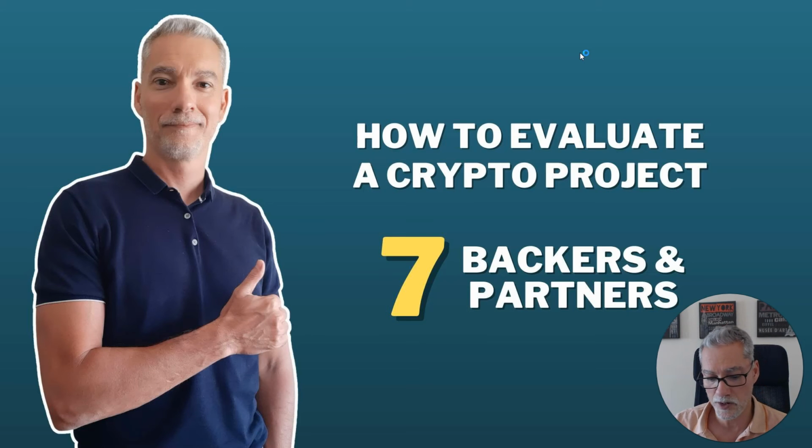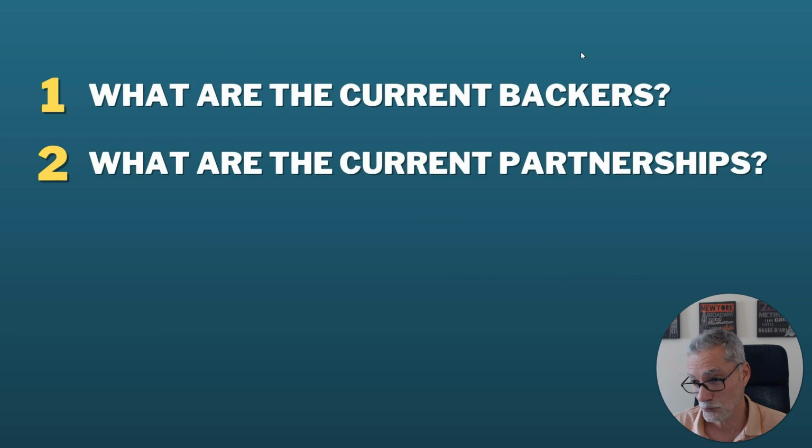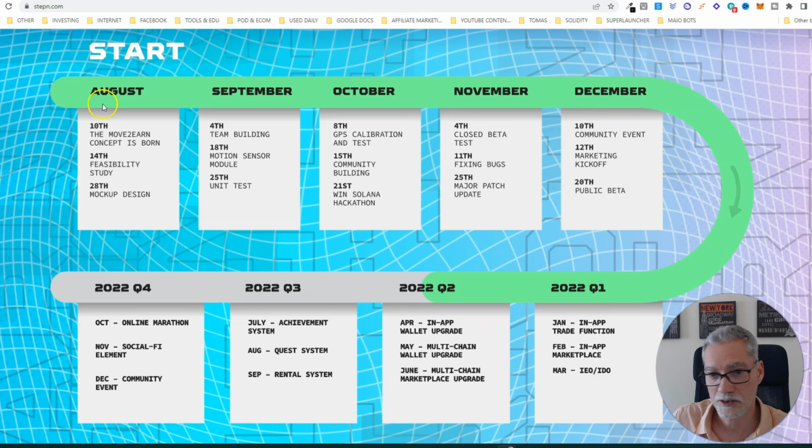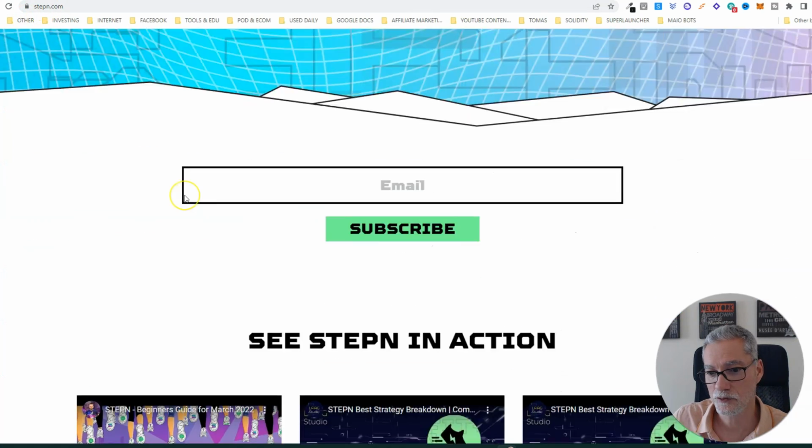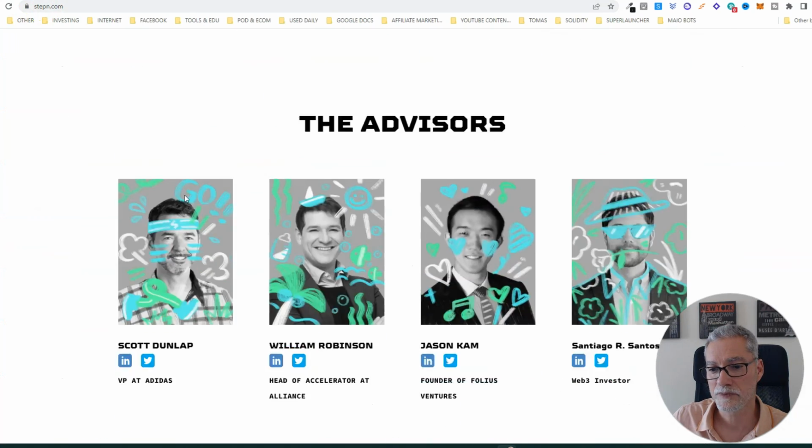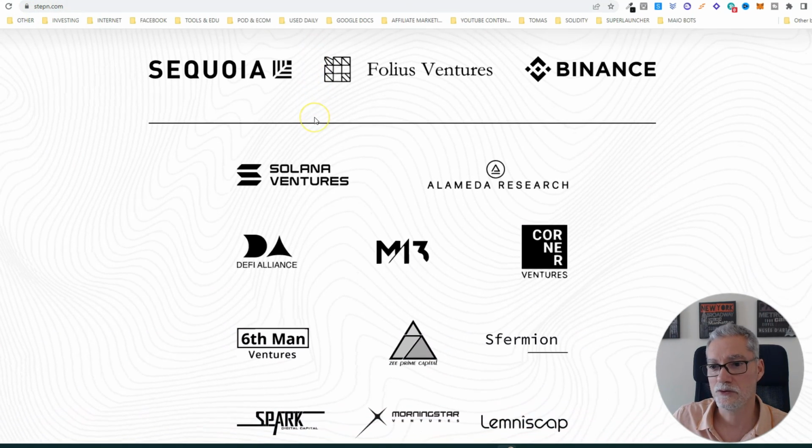So the final key point is the backers and the partners. Okay, so you need to look for projects that are backed by top tier blockchains, VC firms, and that have partnerships with players in the space. You need to find answers to two simple questions. What are the current backers? What are the current partnerships? In Step N's case, if you scroll down, you will see here the backers, and you will find big names in the industry.